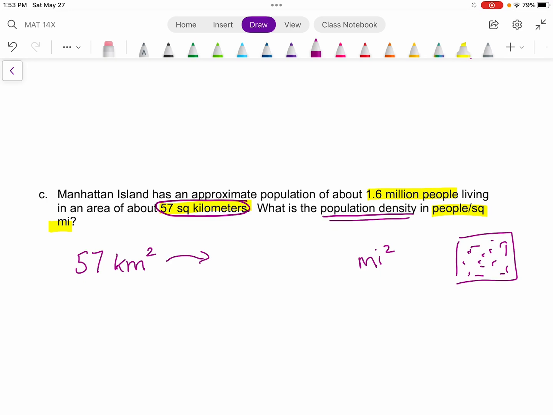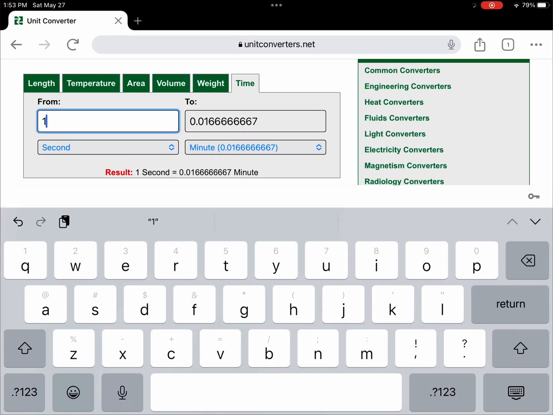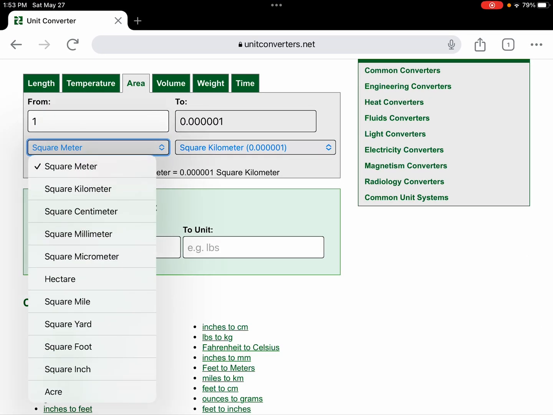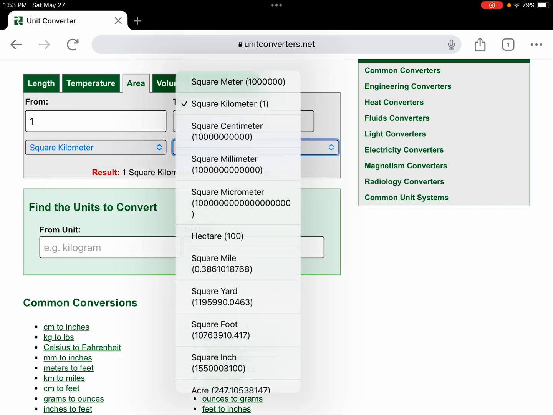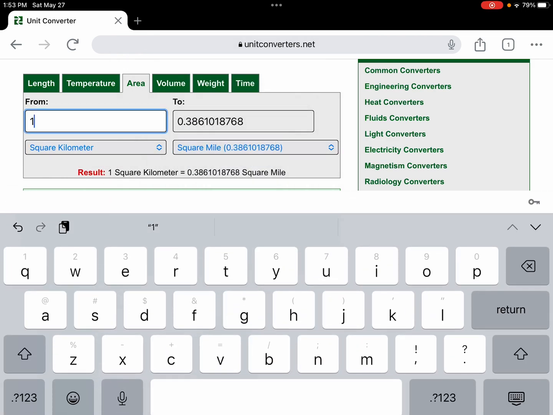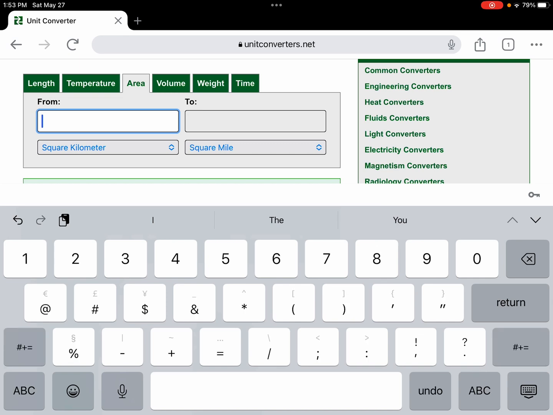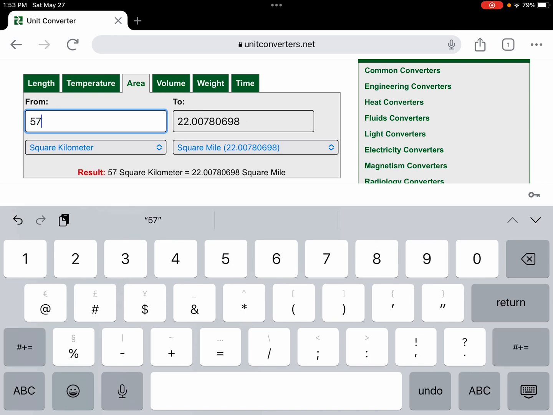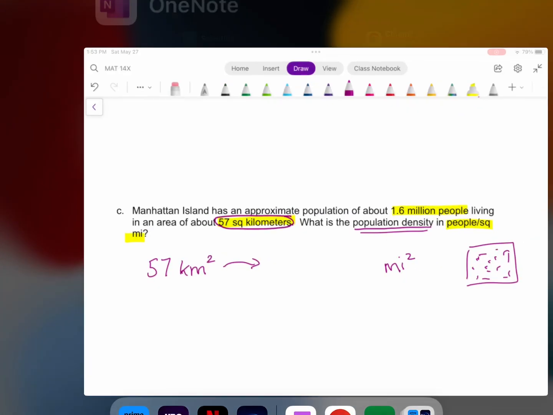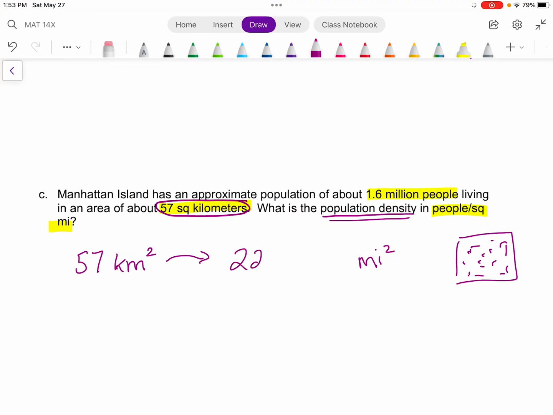Remember, that's going to be an area, and we want to go from square kilometers into square miles, and we have 57. And so it's about 22.008 square miles. And then we want people per square mile.